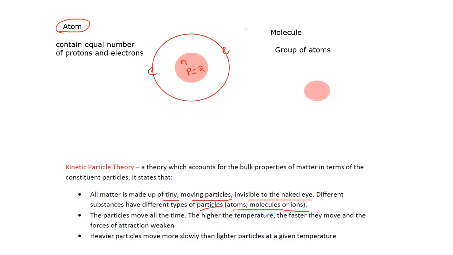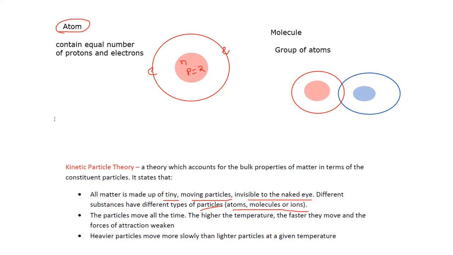Like this is one atom, and this is joined with another. So we call that a molecule. And the simple definition of an atom is a substance which cannot be broken down chemically. That's also a definition for atom.